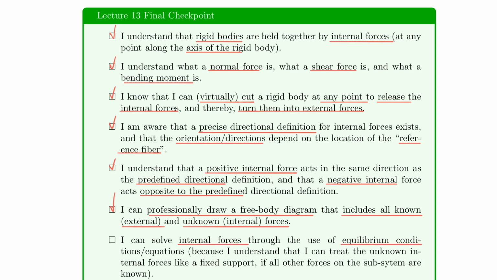And then last but not least, you understand that you can solve for internal forces by using the equilibrium equations or conditions, because we understand that the unknown forces are really nothing different than the forces that act on a fixed support. So you can really use your knowledge from cantilever beams to find these internal forces, as long as all other forces, and that means external forces, on the subsystem are known.